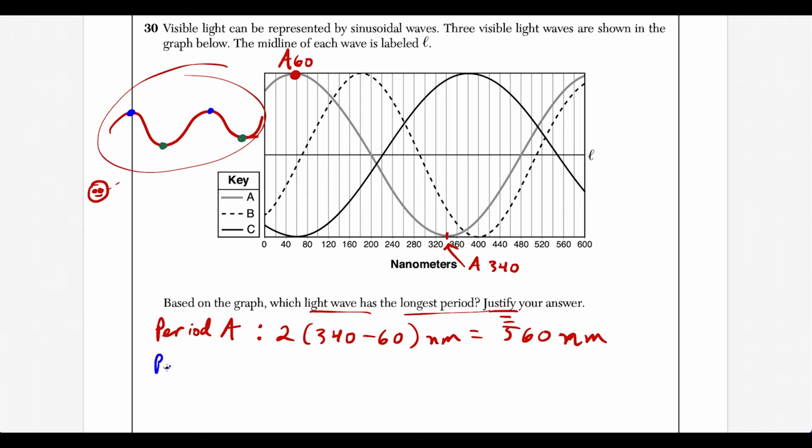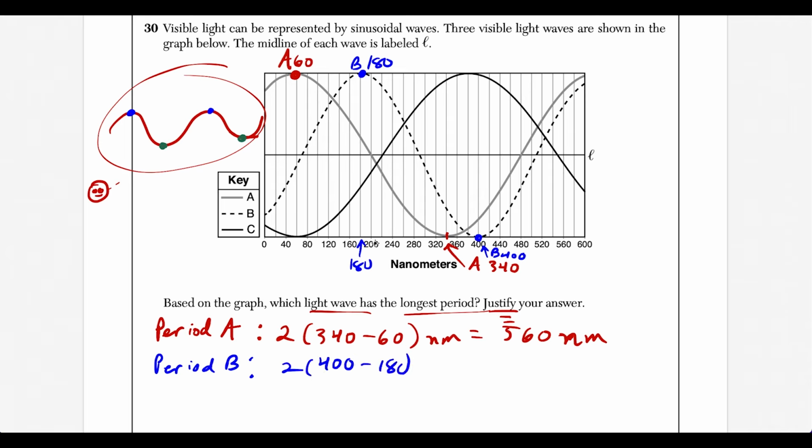Now, the period of wave B, and that's the one that's dotted, we could look for a high and a low point like this. Notice the high point is over here, and that's occurring at about 180. So this is for B. The high point is at 180, and then the low point occurs right at 400. I'm going to do double the distance from 400 to 180.